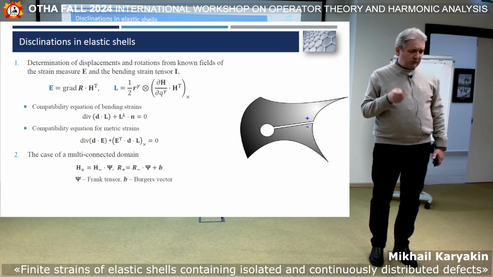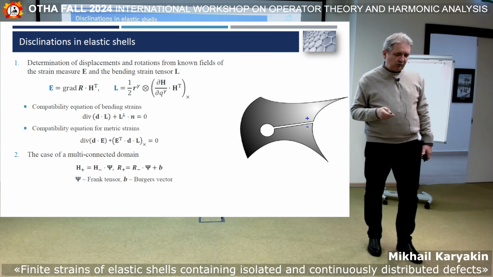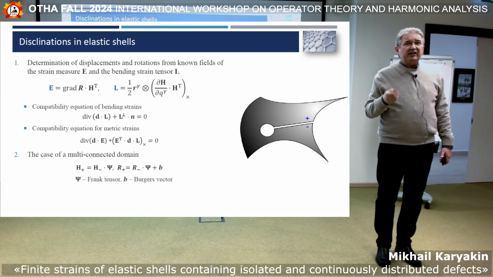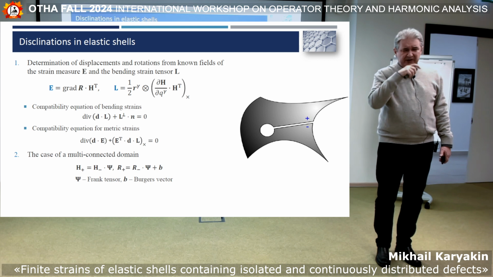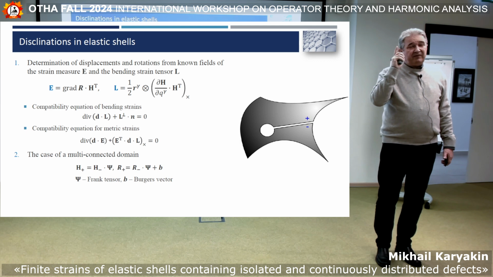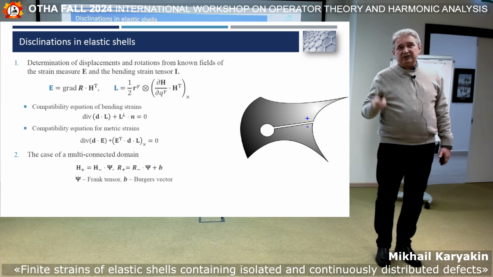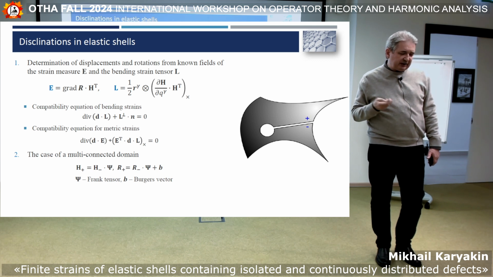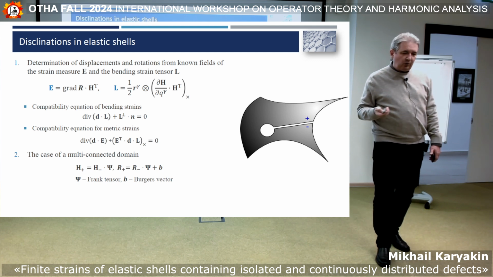The more or less mechanical idea, not so mathematical, is just to say, okay, I have two zeros. In the previous case, when I have a compatibility equation, I just change the zero by some dislocation density. We can do it in the same way: this is disclination density, this is dislocation density, instead of two zeros. But what we get as a result, up to now we don't know.